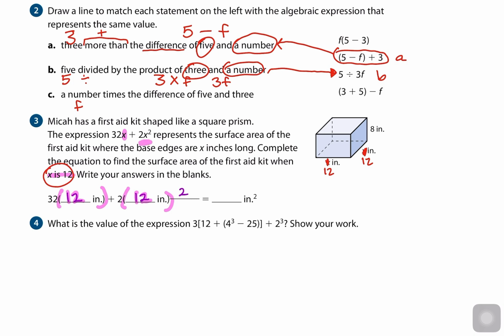Okay, now we actually have to solve it. When we solve it, we use GEMDAS. So we have 32 times 12 plus 2 times 12 to the power of 2, okay? So that means we're first going to do grouping symbols, and this is GEMDAS.